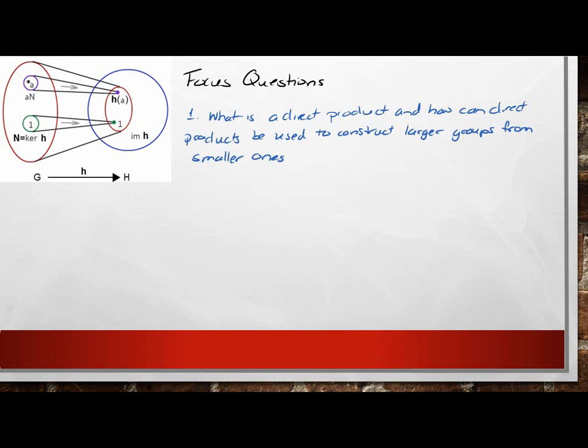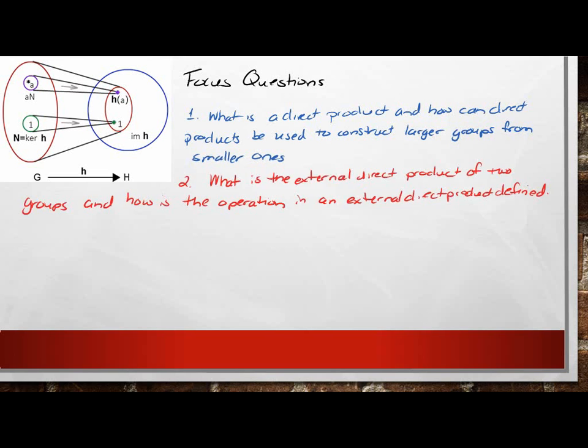So I want to define what a direct product is today and how direct products can be used to construct larger groups from smaller ones. A lot of times, at least the way I've seen them, they are used as a counterexample to something you think might always be true. Number 2, there are two kinds of products. There's the external direct product of two groups, and how this operation is defined, which might be something you've seen before.